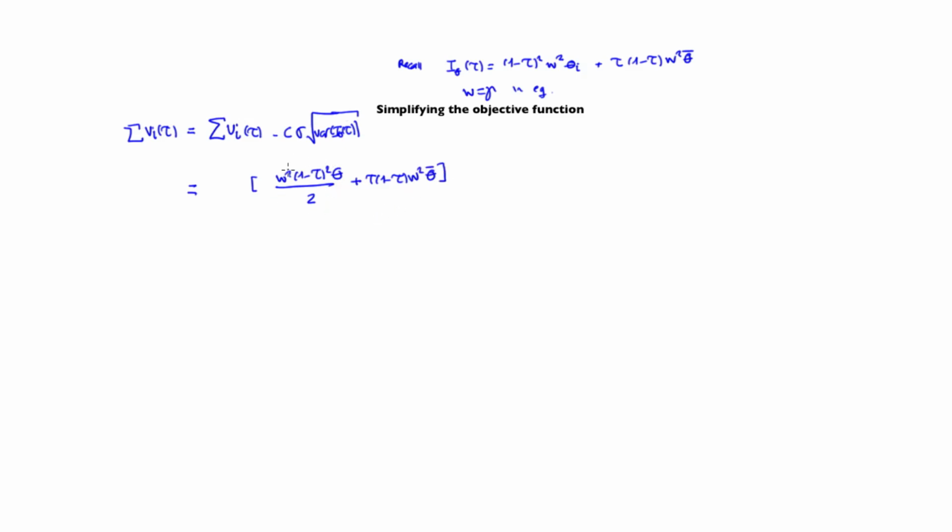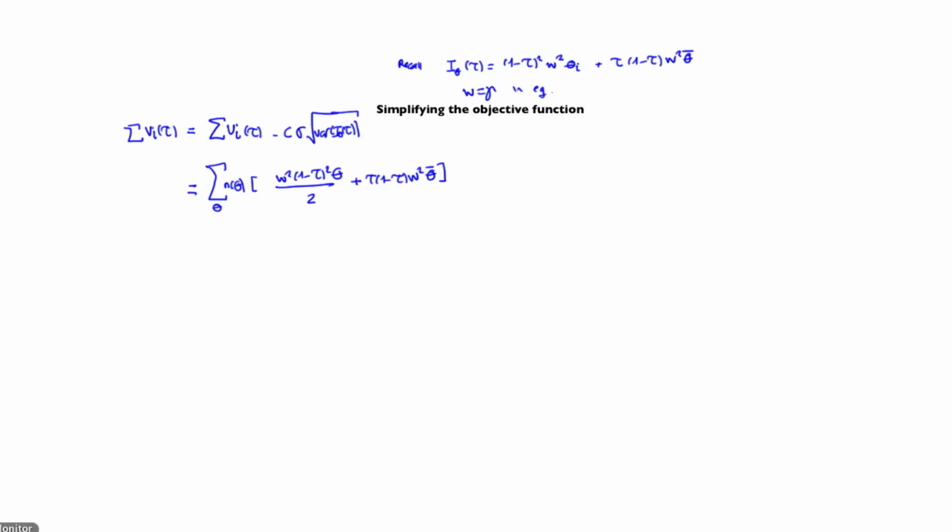This first component was the after-tax income minus the effort for an individual of type theta. This is the transfer. And we have to add over consumers, but instead of adding over i, we're going to add over theta. We count however many individuals of type theta there are, and we add. And that is equal to this term.